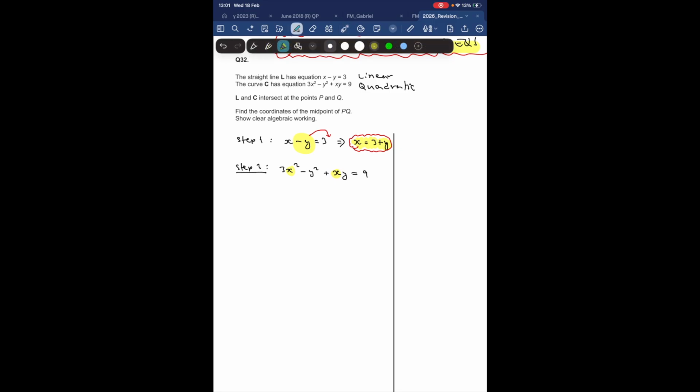So our quadratic equation now becomes 3, and then in brackets 3 plus y, squared, minus y squared, plus we're going to replace this x with 3 plus y in a bracket, times y, equals 9.